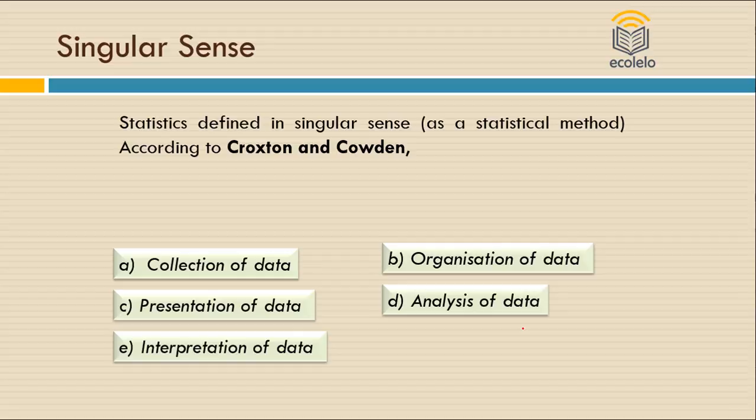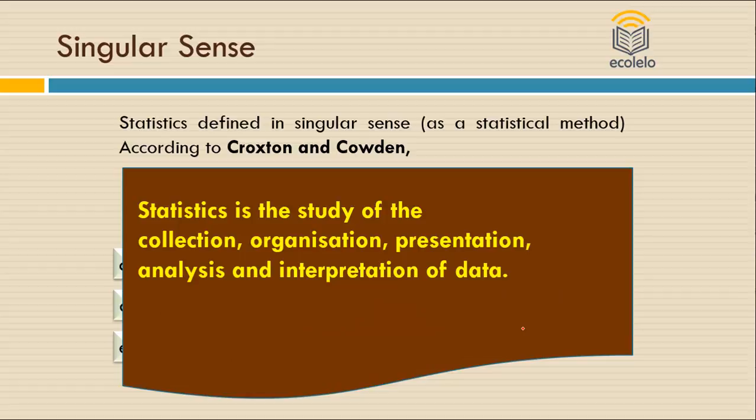Let us put these 5 steps into a particular definition, and I'm very sure that you can define it by yourself. So it is the study of collection, organization, presentation, analysis, and interpretation of data. Speak this definition 5 times in your mind. I am sure you're going to learn all these 5 steps.